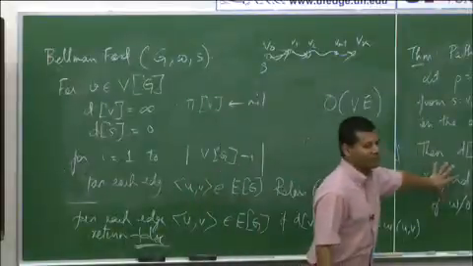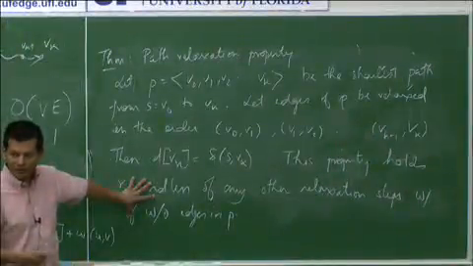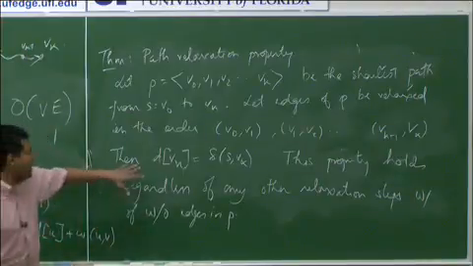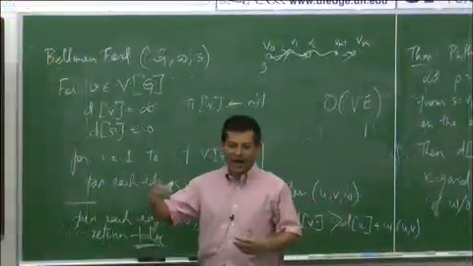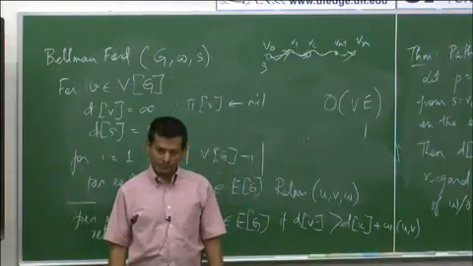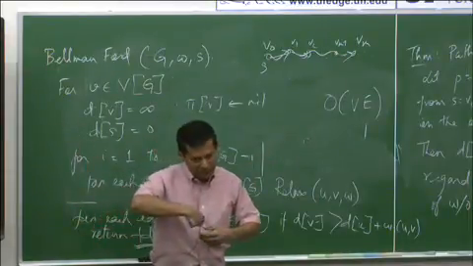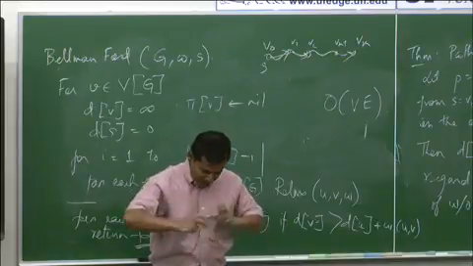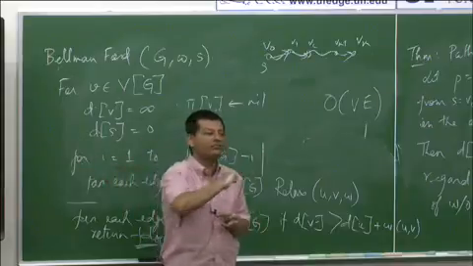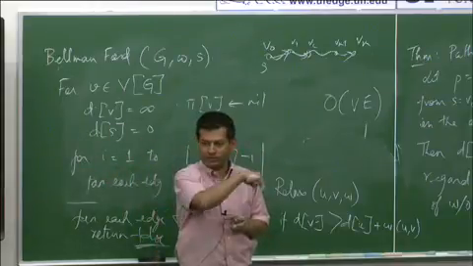This second piece is saying something slightly on the side. It is basically saying this does not actually get affected if I, during this period, do some other relaxations. So let us assume that this is the shortest path. I relax this edge, and then I go scratch my head and relax a few other edges out there.